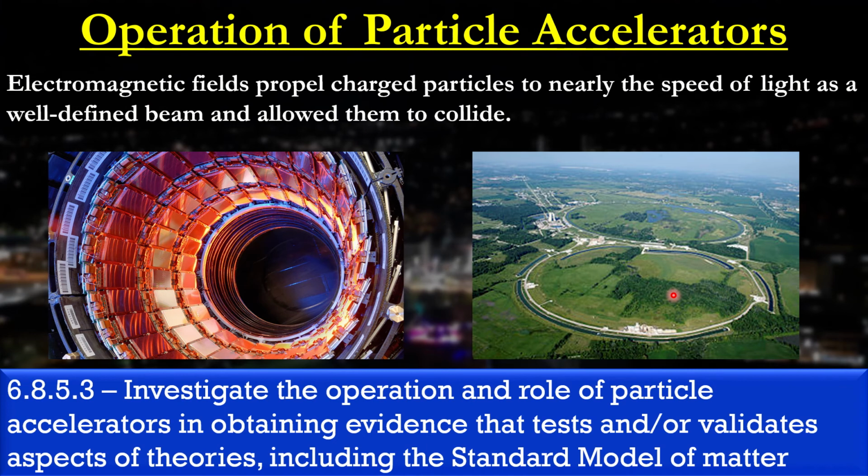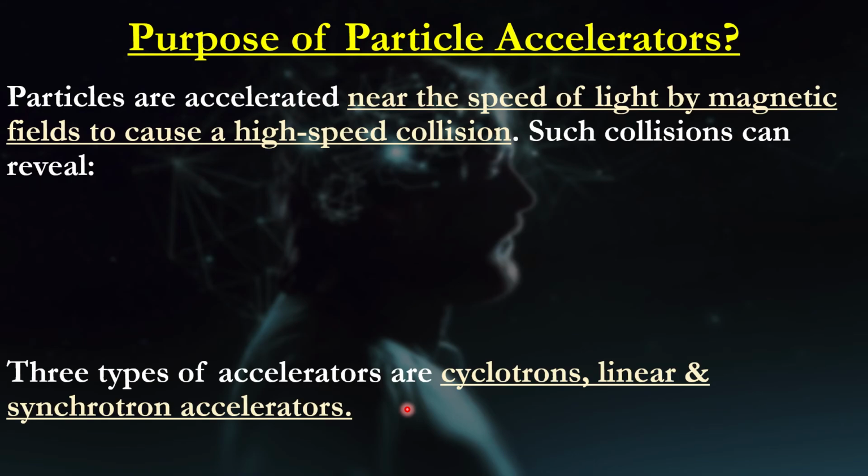Okay, so what we're going to be looking at now is the operation of particle accelerators. Firstly, let's look at how these particle accelerators work. The purpose of a particle accelerator is to make particles accelerate close to the speed of light due to magnetic fields and electric fields, and cause them to collide.